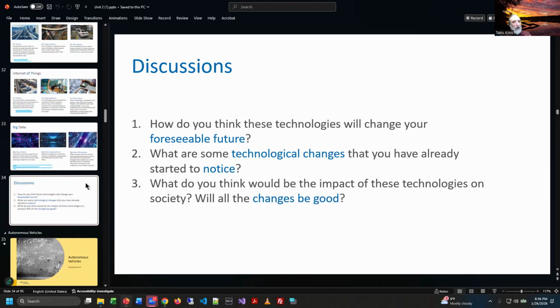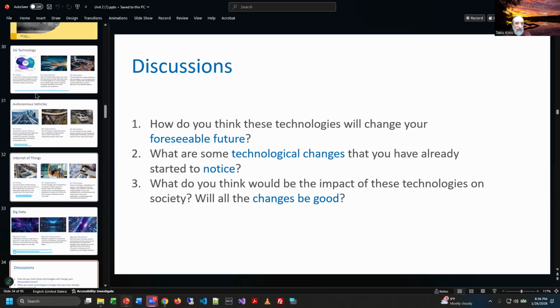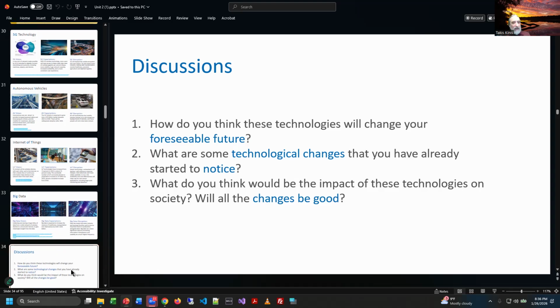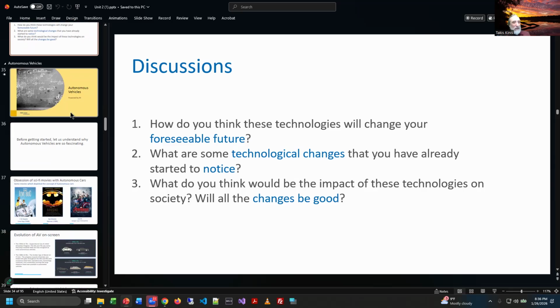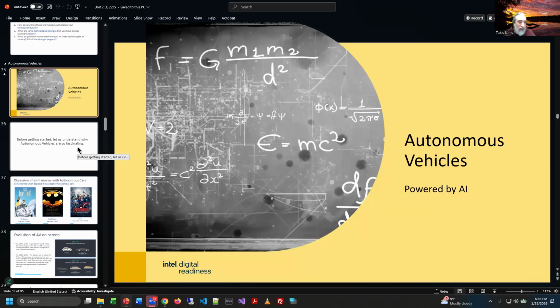And where we're moving with the ones that we just mentioned, and notice 5G, that's kind of fully in play. Autonomous vehicles are kind of there already. Internet of Things is there, big data. These are disruptive technologies that as we move into the future, without these, society will arguably perhaps not operate all that well. Let's talk about the autonomous vehicle thing here.